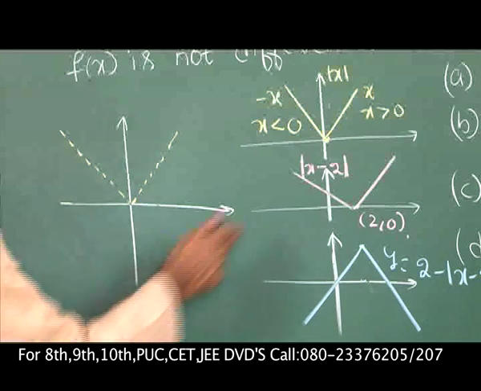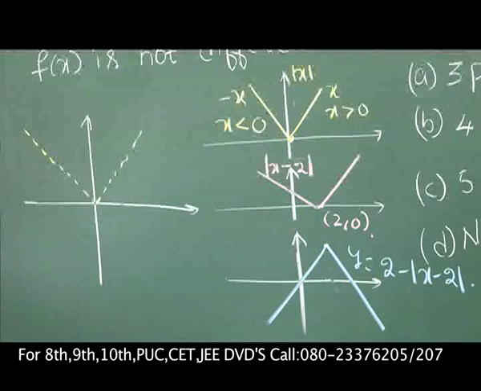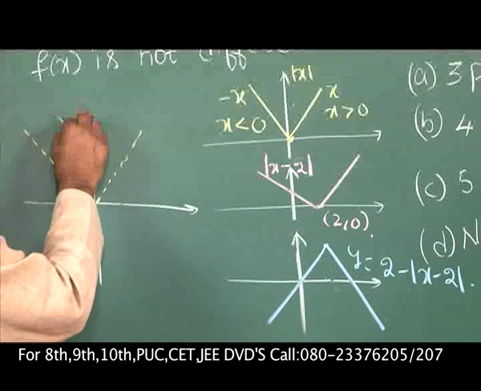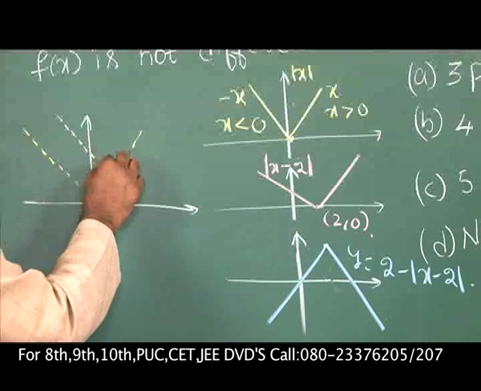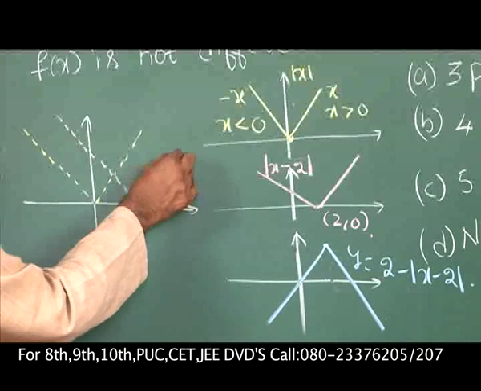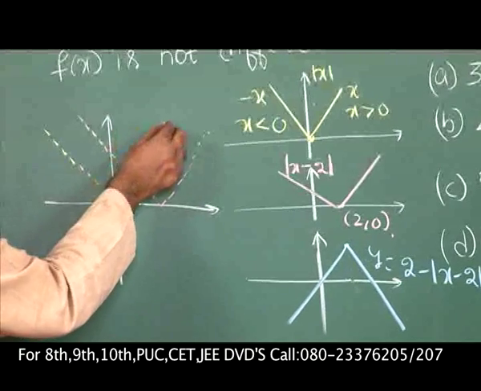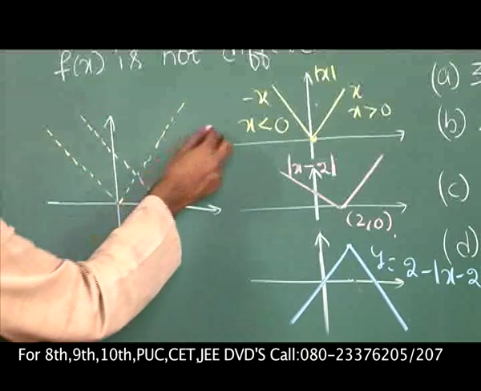And the second one is y = |x - 2|. The graph of y = |x - 2| is like this, and of course it looks like these two are parallel, and no doubt you are correct, the two lines are parallel to each other.